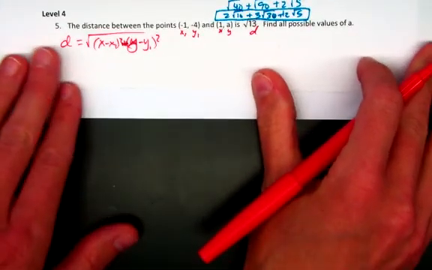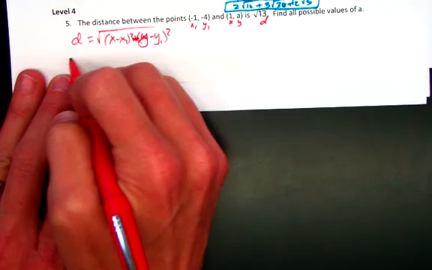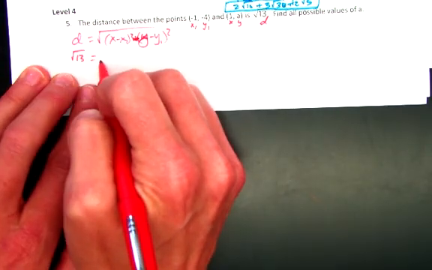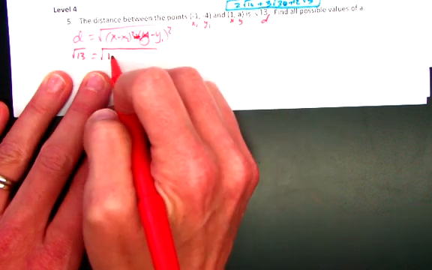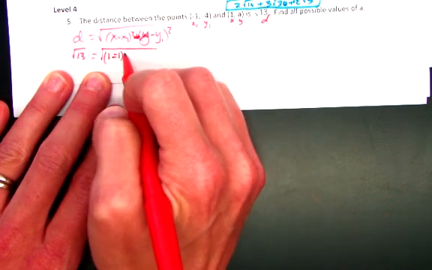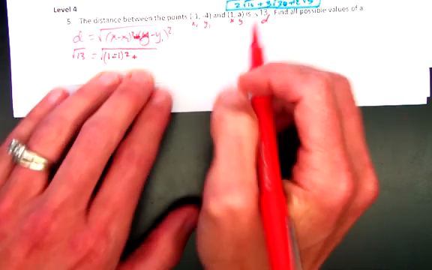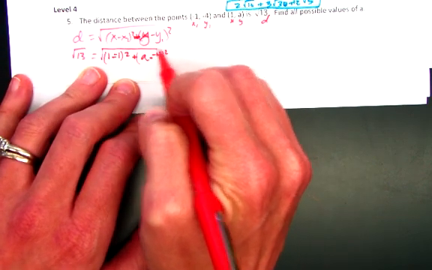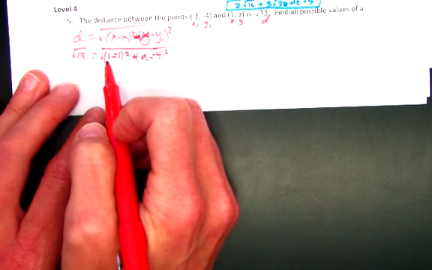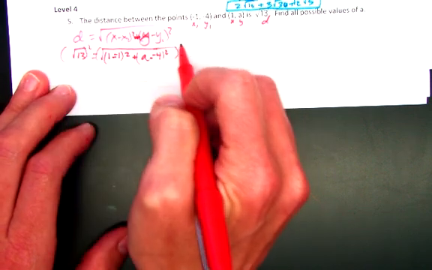If that's the case, I get root 13 equals the square root of 1 minus negative 1 squared plus a minus negative 4 quantity squared, and we need to solve, so I'm going to square both sides, and then I'm also going to simplify inside.